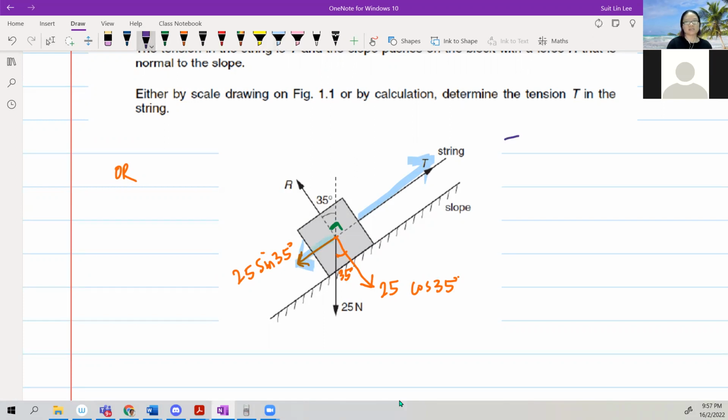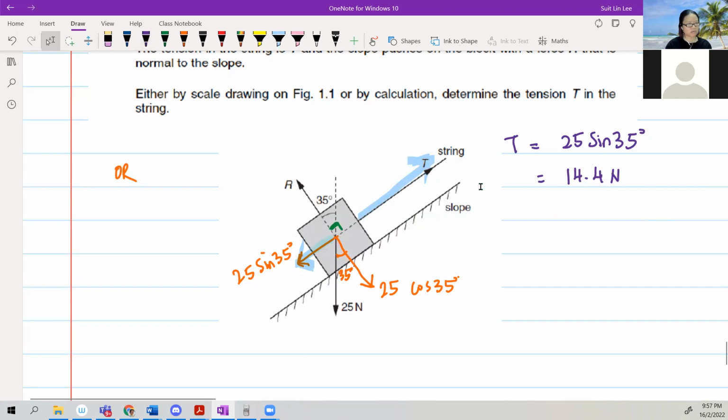So I can just directly say T upwards, the slope will be equal to 25 sine 35. I better hope that it's the same answer, if not I try. 25 sine 35. Is it the same? This one is 14.4 Newton.